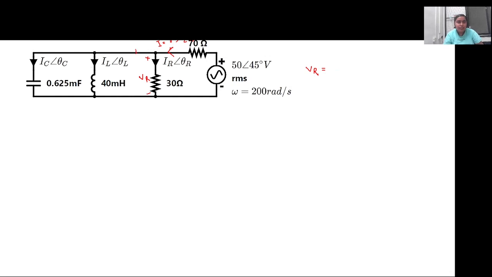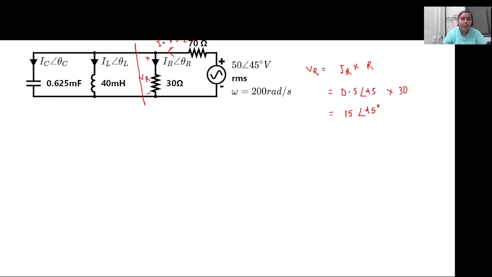Since this part of the circuit is in resonance, the entire current is flowing through this branch. So it is IR into R. IR is 0.5 angle 45 degree and R is 30. So 15 angle 45 degree. This is the voltage across this resistance.